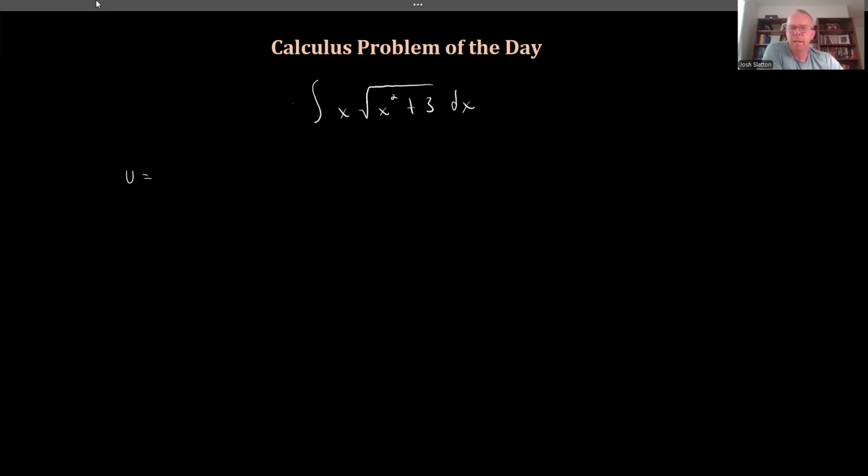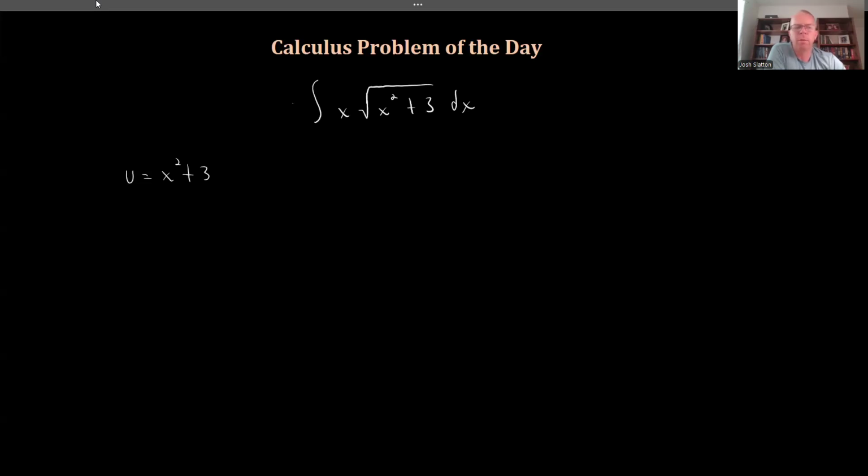You got the X squared plus 3, you got the square root. Those are two different functions that are composed together. So let's try X squared plus 3. Now, like I said, U equals X is never the right answer because that doesn't help. And so sometimes you may have to try something and see if it works.